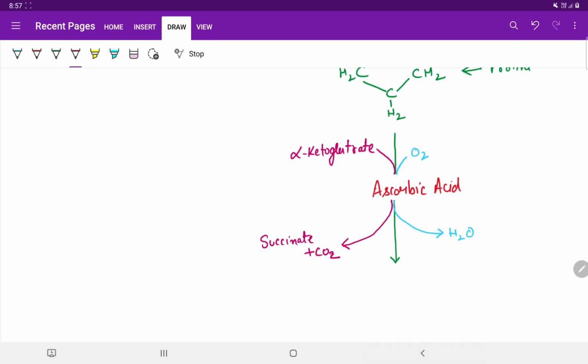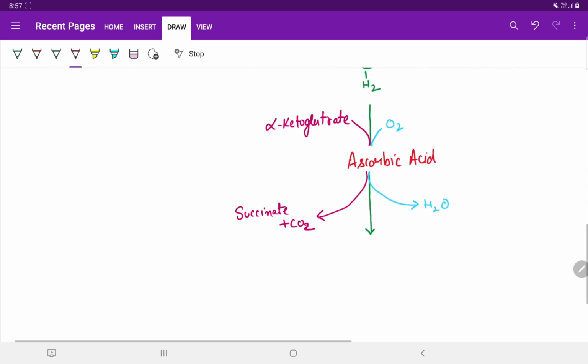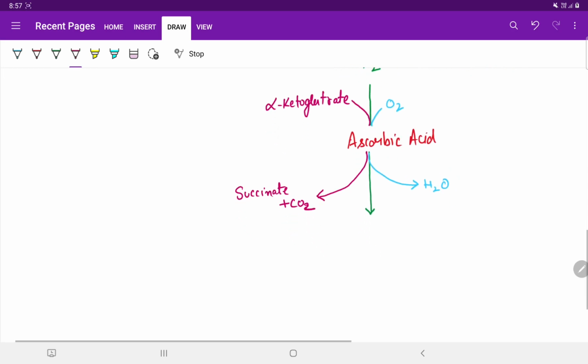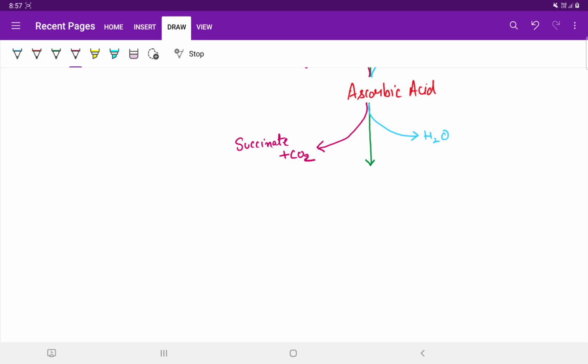So, this is the ascorbic acid dependent hydroxylation, and the end product that is formed is the hydroxyproline collagen fiber.